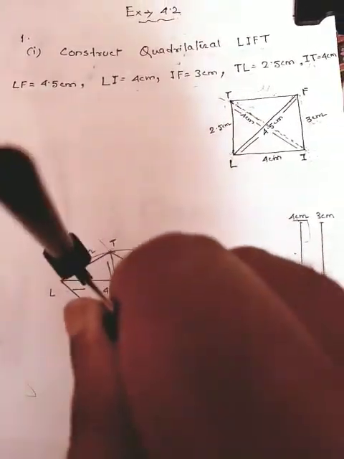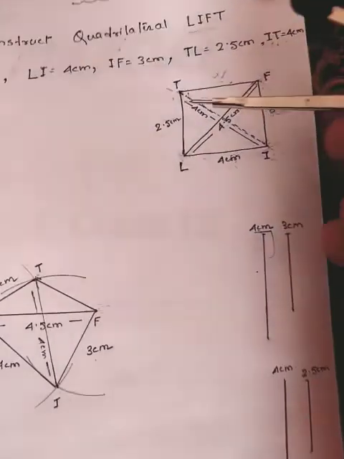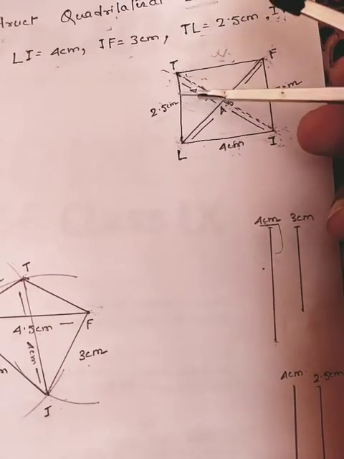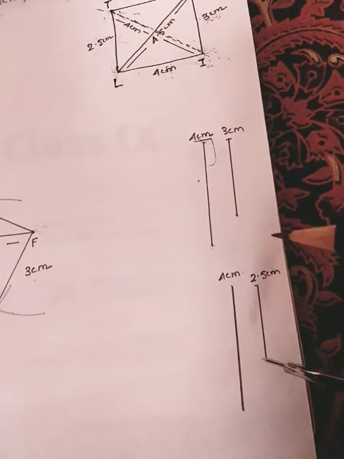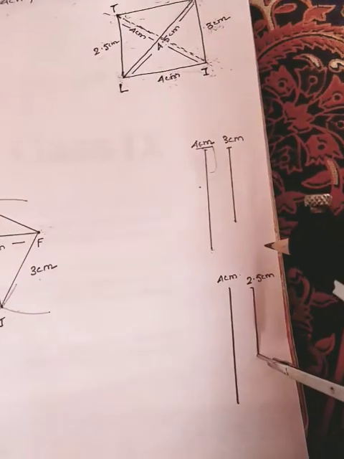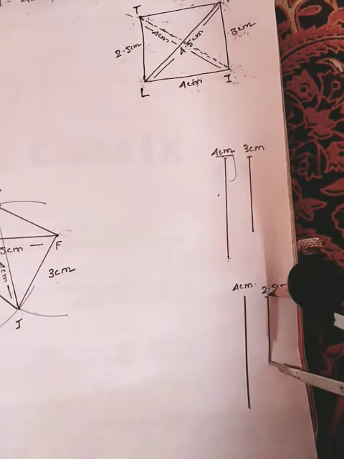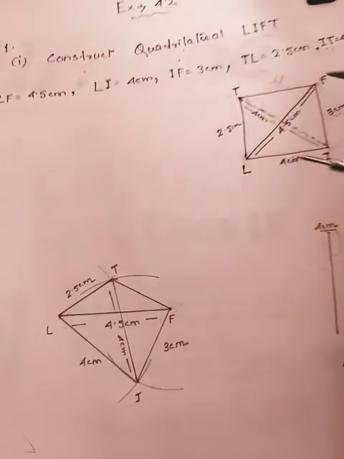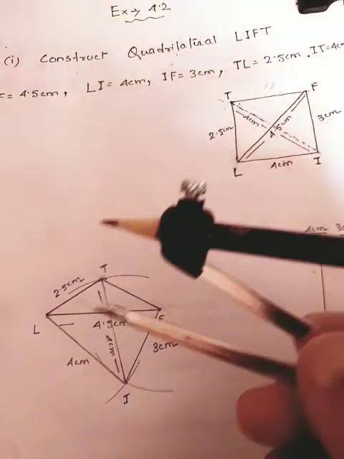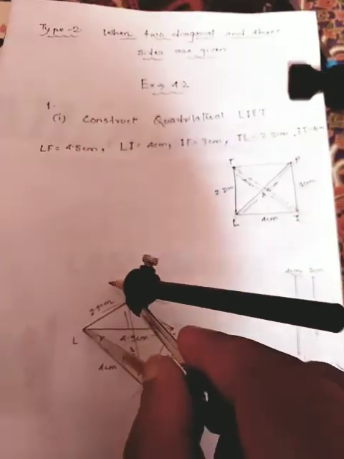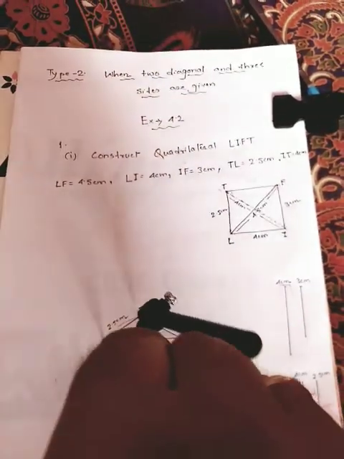This is a 4 centimeter arc. Now the other measurement we have to draw is 2.5 centimeter, from L, but before that you have to take the measurement. So this is 2.5 centimeter, and you draw from point L. Put your compass here and draw one arc like this.